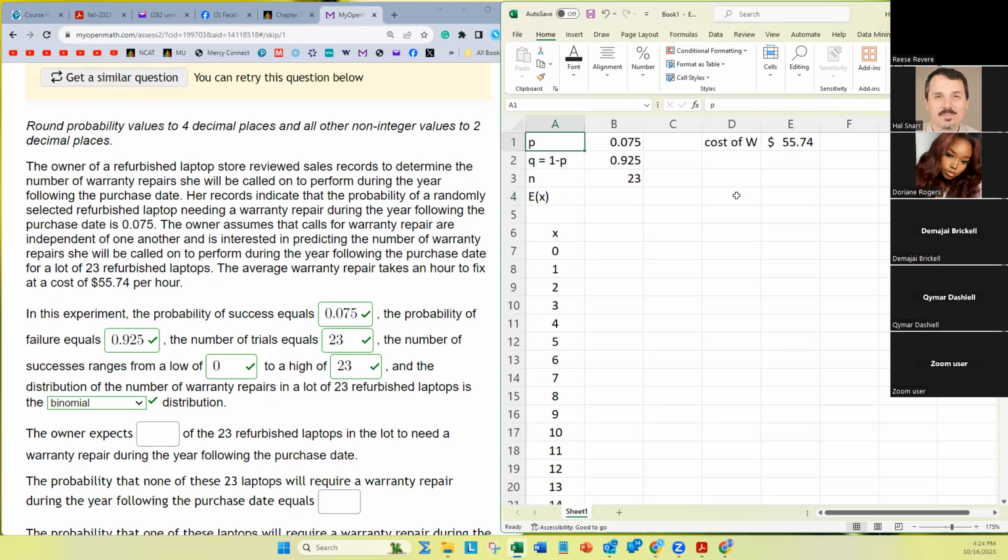The way I get that is you take the probability of success times the size of your sample. Instead of 0.5 times 30, I have 0.075 times 23. So I expect 1.725.